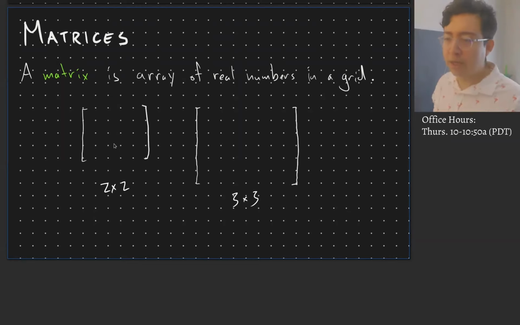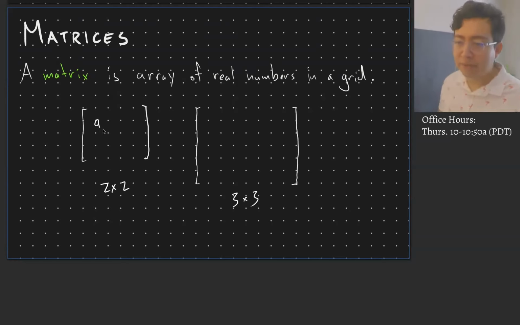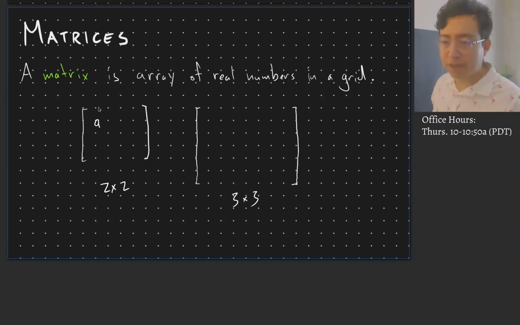In the 2x2 case, there are 4 numbers, and when we're writing one in general, we'll give them some labels. In this case, I'm saying A, and then we'll give them subscripts having to do with where they are in the matrix. This is in the first row and the first column, so we call this A 1, 1.